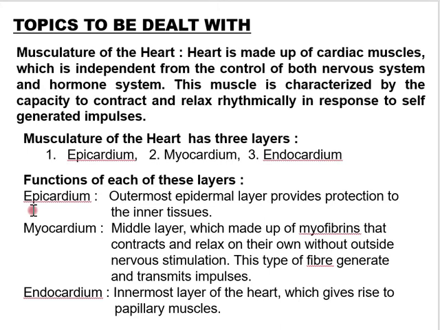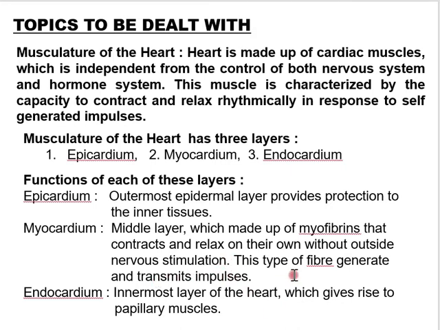Now the wall of the heart muscle has three layers: epicardium, myocardium, and endocardium. The epicardium is the outermost layer, which provides protection to the inner tissues. The myocardium is the middle layer, which is made up of myofibrils that contract and relax on their own without outside nervous stimulation.